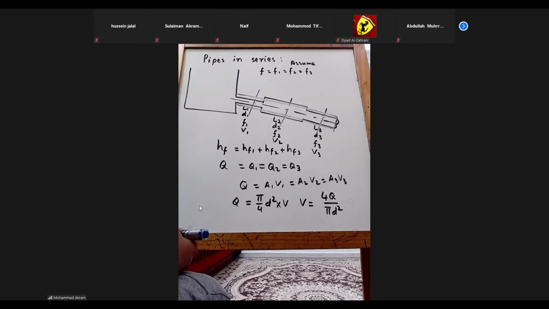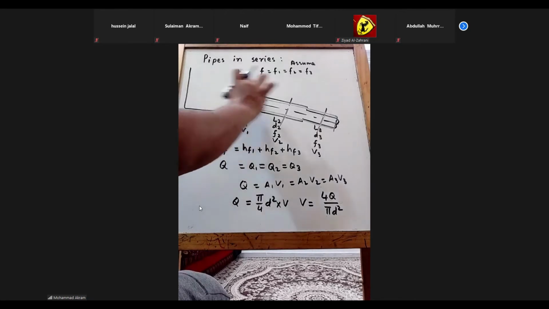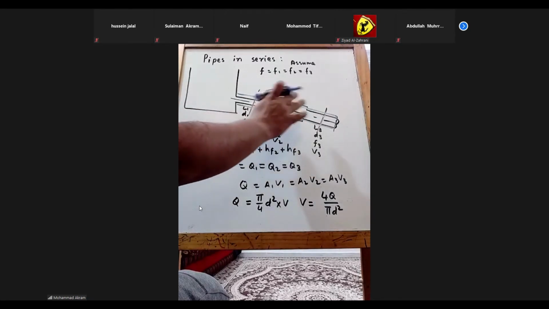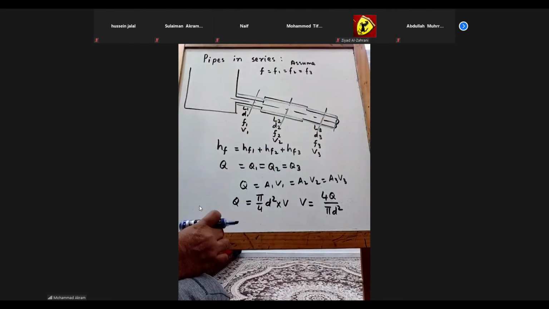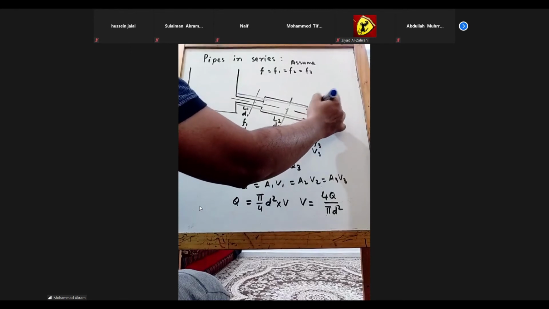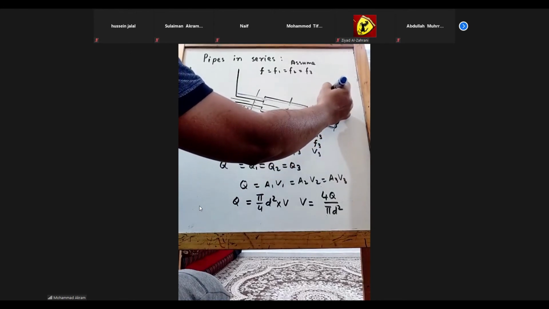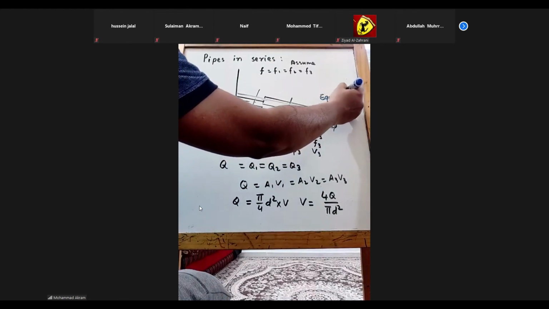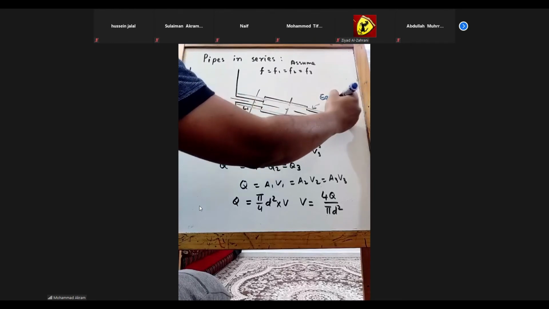Are you understanding this point? Yes. Instead of three different pipe pieces, I want to connect only one pipe. Yes, like an equivalent one. This is called an equivalent pipe.